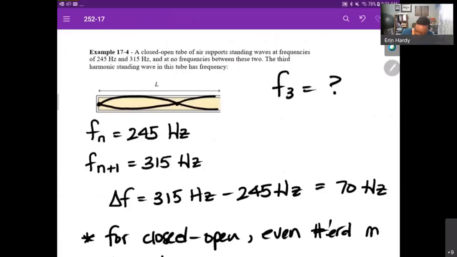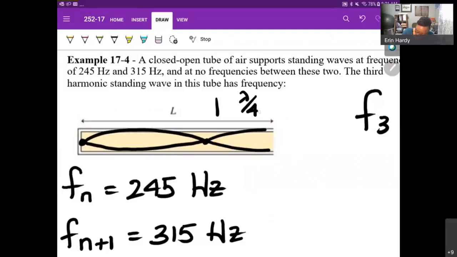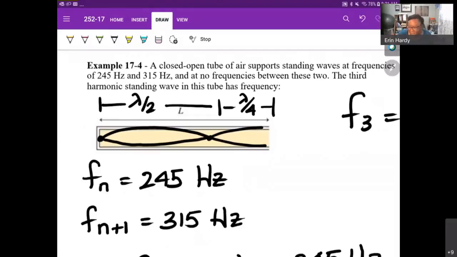And then here we've got a quarter wavelength over here, and then a half wavelength. So the absence of that other quarter wavelength on the opposite side hammers home why the even m values just can't form in a tube that looks like this one.